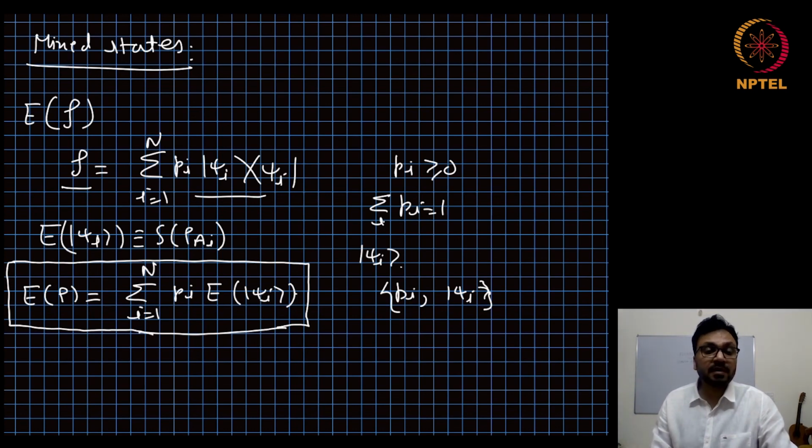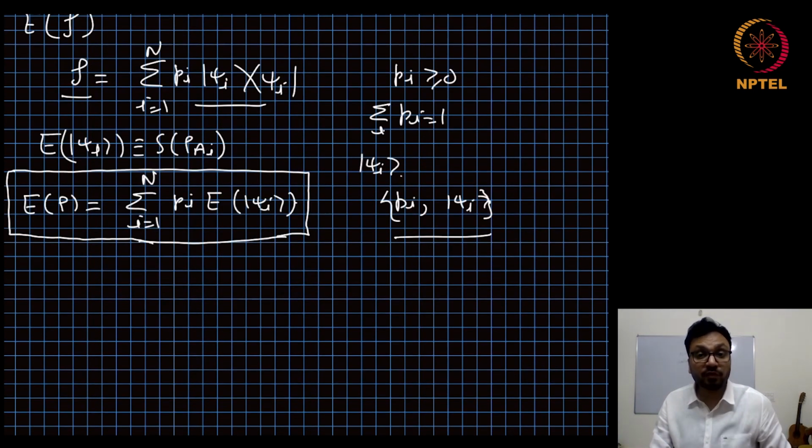If we prepare a bipartite mixed state rho with the preparation scheme using pi as the probability distribution and psi I as the pure states, then the average entanglement used to prepare this state is given by this expression. So this is the amount of entanglement we have used to prepare the state rho using the preparation method pi, psi I. But this is the entanglement cost for this particular preparation scheme.